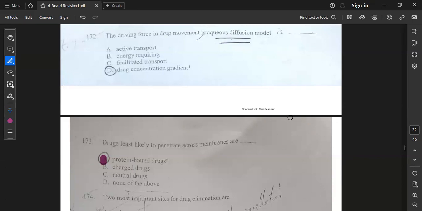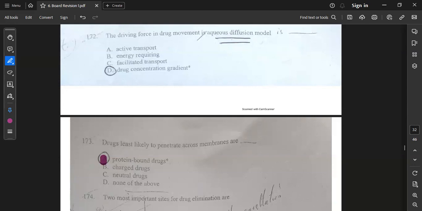Had there been a choice with A and B, wouldn't that be more correct? Yeah, because it's unionized drugs that can diffuse easily, right? But I guess in this question, it's charged drugs that cannot easily cross cell membranes.